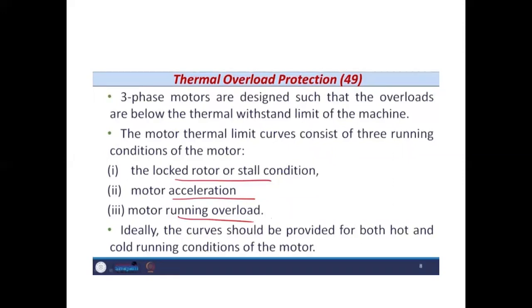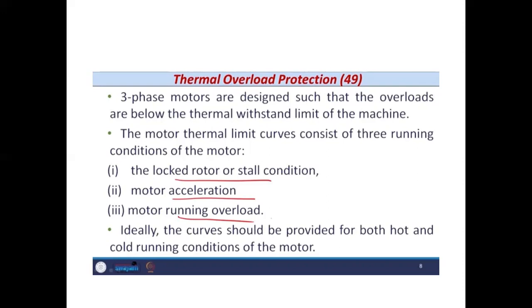The three-phase motors are designed such that the overload is just below the specified withstand value of the motor. The motor thermal limit curve consists of three running conditions of the motor. What are these three conditions? The first one is the locked rotor, standstill or stall condition.